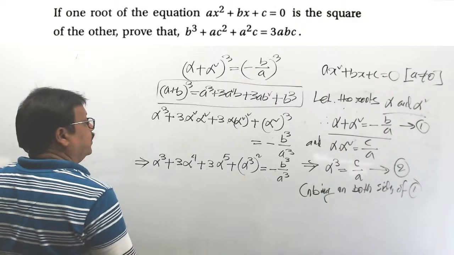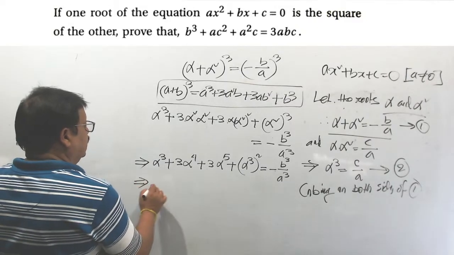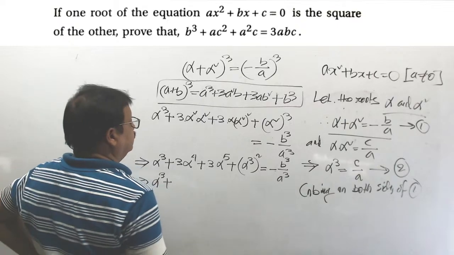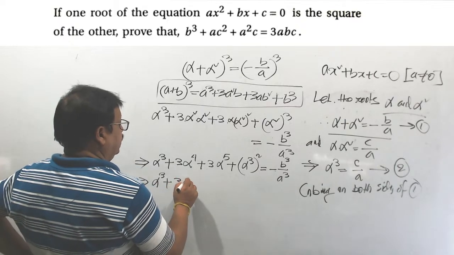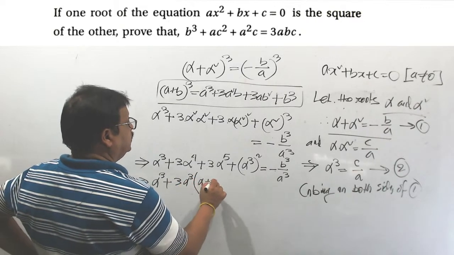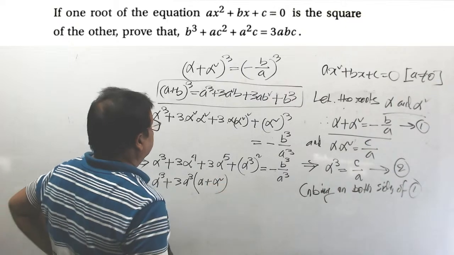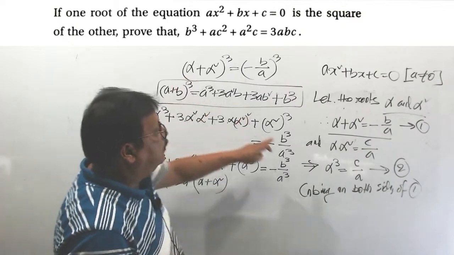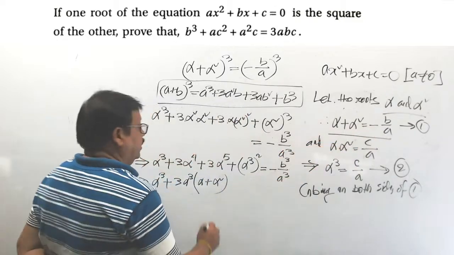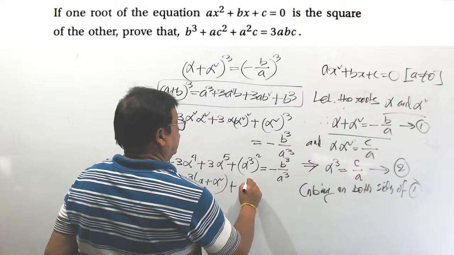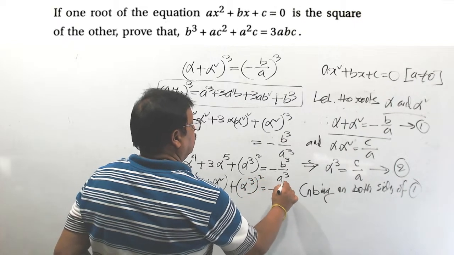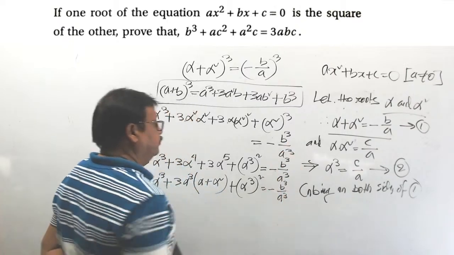Now what do we do? See what can be taken common: 3 alpha cube, if we take common, alpha plus alpha square, alpha plus alpha square is equal to minus b by a, plus alpha cube whole square is equal to minus b cube by a cube.